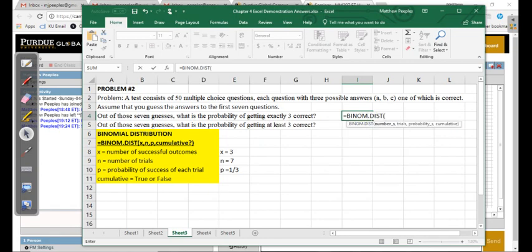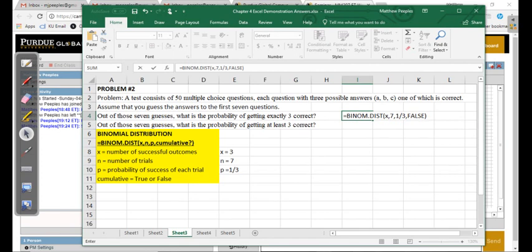We're going to type in the number of successes, then the number of trials, which we said was 7. Our probability was 1/3. We can actually enter in 1 divided by 3 if we happen to know that, or we could have entered that in as a decimal. And we're going to choose false because we want the probability mass function. That is, we want the probability at exactly 3.